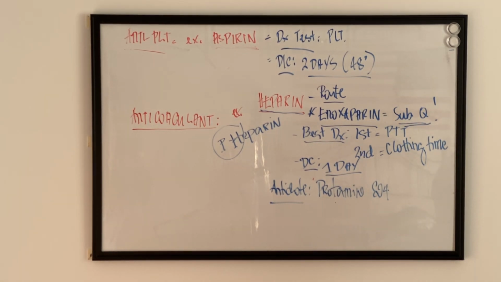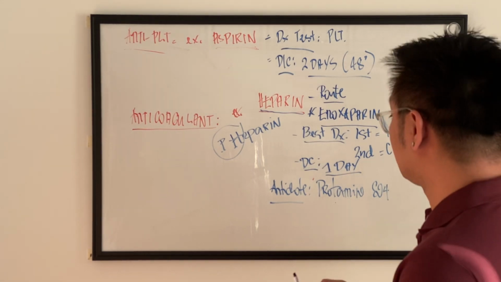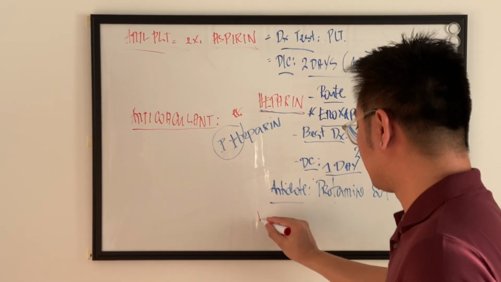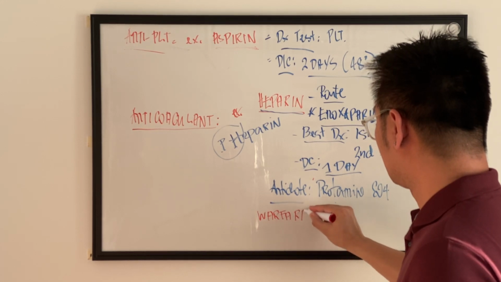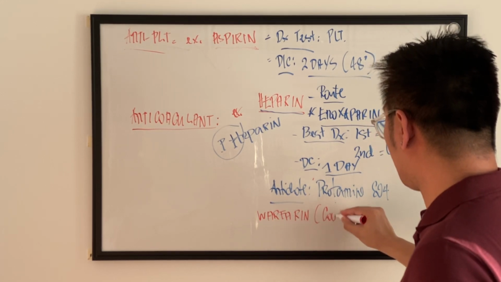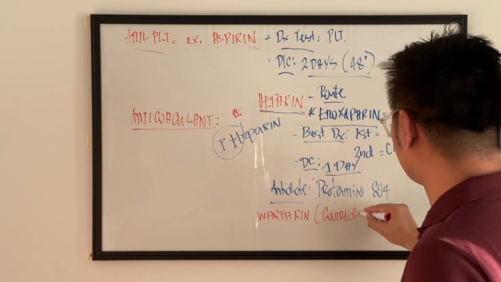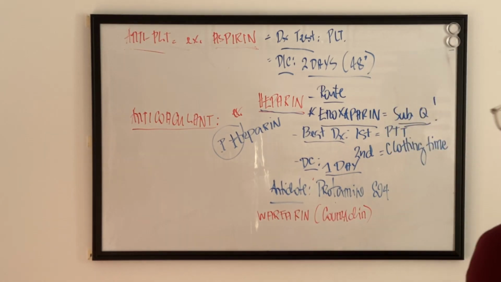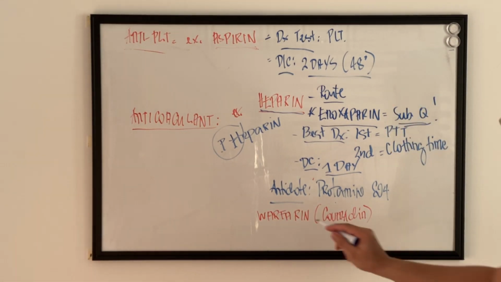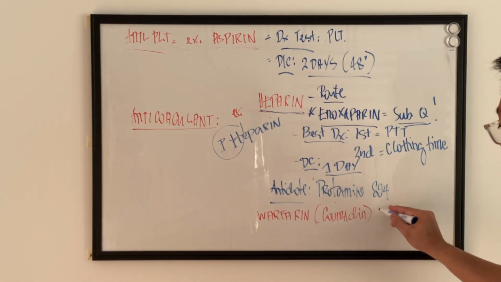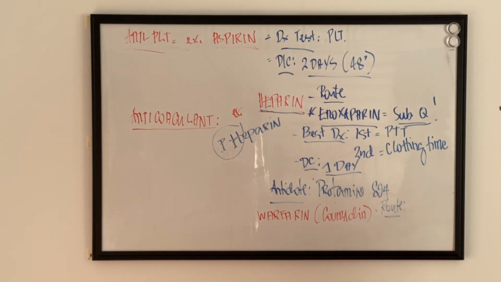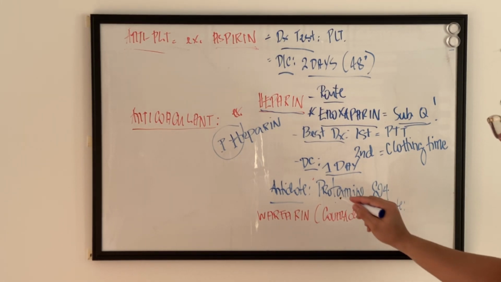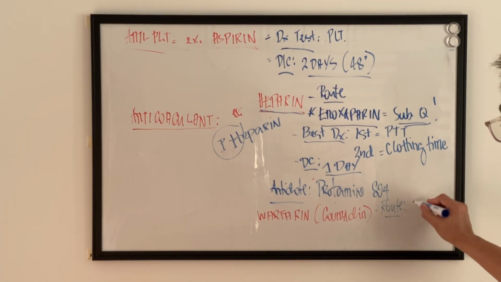Another example of your anticoagulant is your warfarin, or you call this Coumadin. Highlight in your exam: if your patient takes warfarin, what do you think is the route in giving warfarin? Warfarin is taken PO.